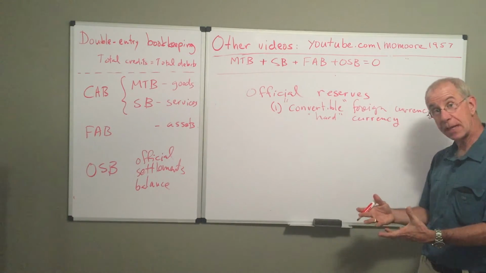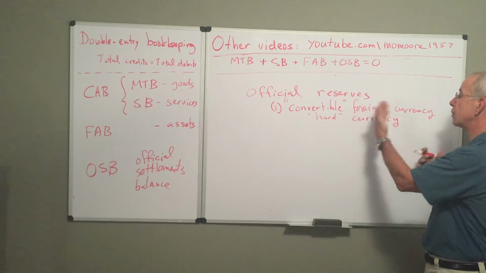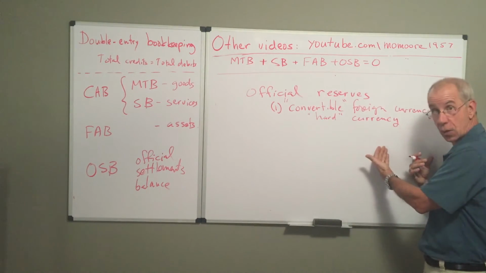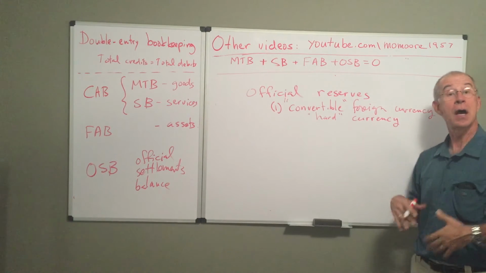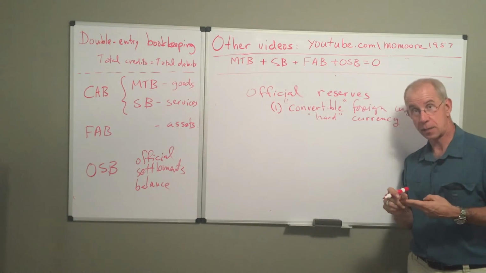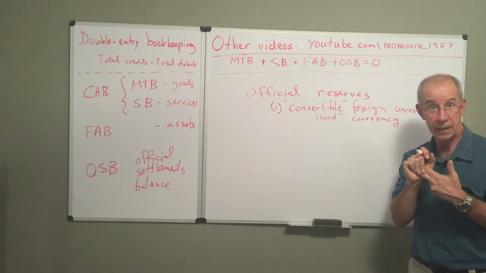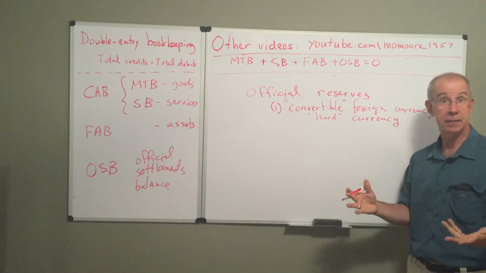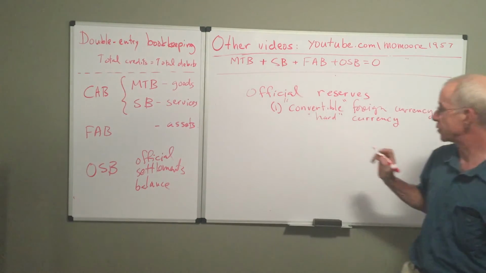The European Central Bank may have dollars, and for them, dollars are convertible foreign currency, hard currency that can be used for international transactions. A developing country may have euros and dollars in their central bank, which can be used in international transactions to buy goods and services and assets. Okay, so that's one component of official reserves.